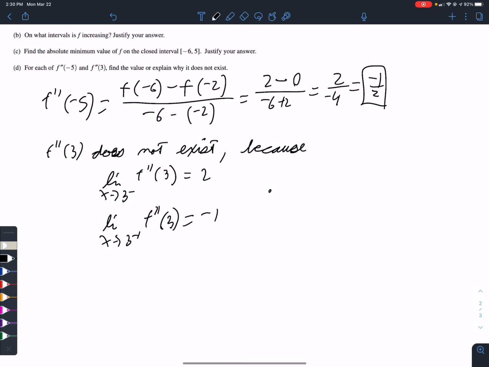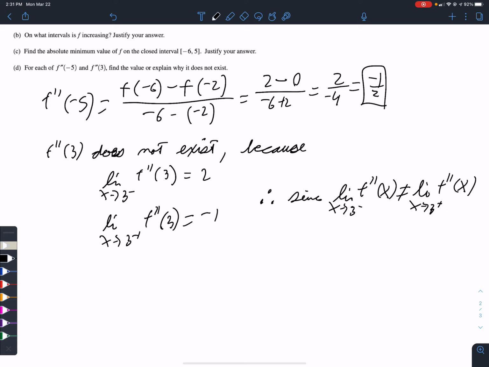So, therefore, since the limit as x approaches 3 from the left of the second derivative does not equal the limit as x approaches 3 from the right of the second derivative, f double prime at 3 does not exist.